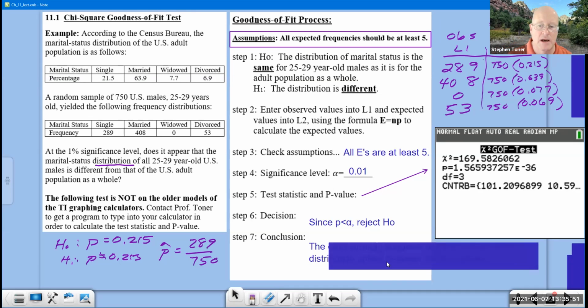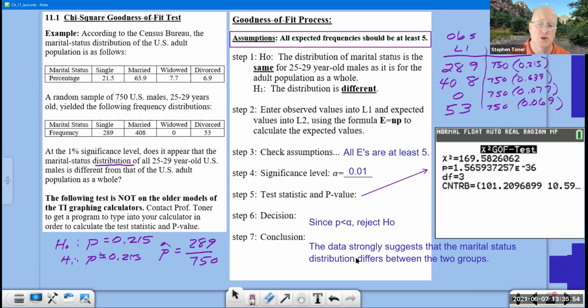And at the same time here, we're going to say the data strongly suggests, I'm using that word strongly because our p-value is way below 1%, that the marital status distribution differs between the two groups. And notice we were saying in the alternate hypothesis that it differs.